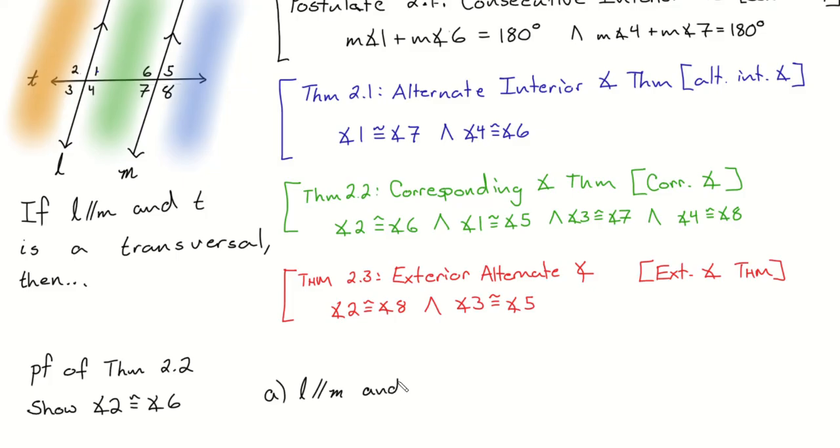And what is T? The transversal. Okay. Notice that I didn't have to give you the statement. You could work it out because we had the if-then statement written. What's my justification for writing that? Given. All right.